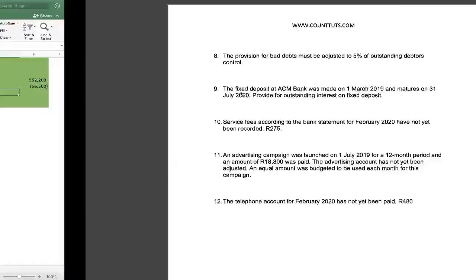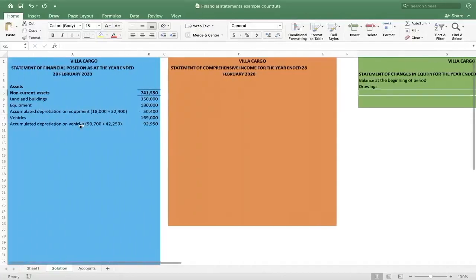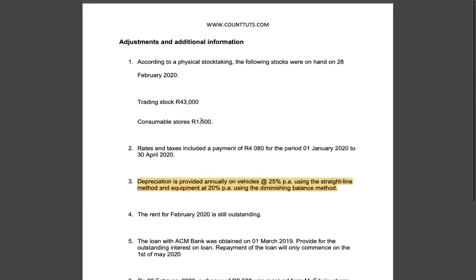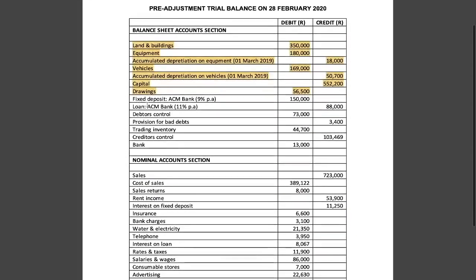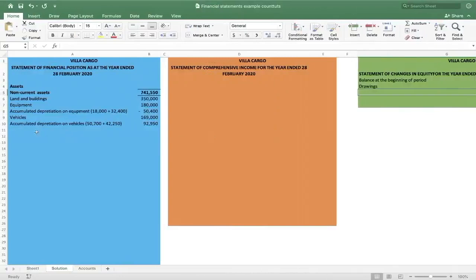So I'm going to record the fixed deposit. Now, as you can see here from our pre-adjustment trial balance, we don't have any other non-current assets. If you know what a non-current asset is, you can notice that we don't have any other non-current assets. So we can just move to current assets. So I'm just going to type the current assets, and the first one that we have is the fixed deposit.